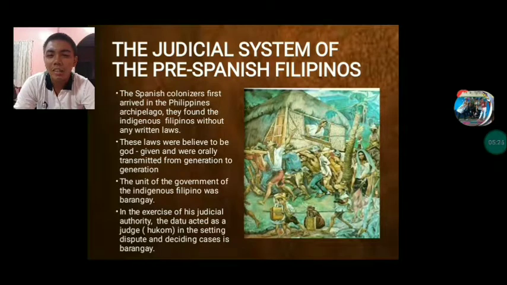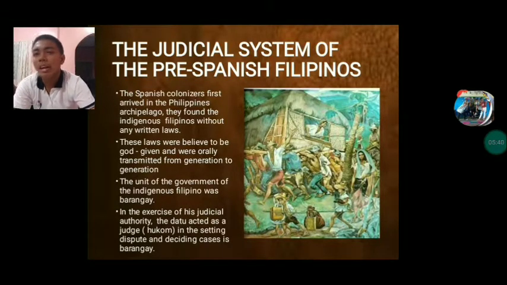So the barangay is a great help. It is judicial, especially in settling problems.